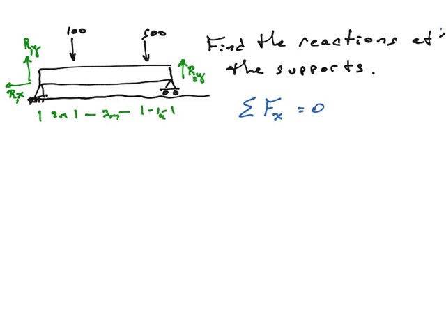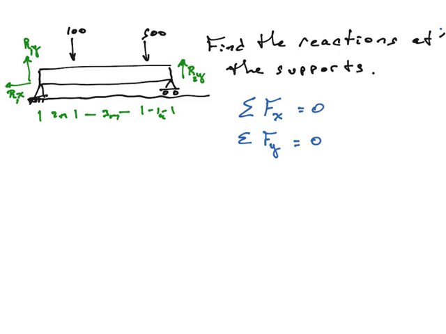Because if it's not equal to 0, then this piece of wood is moving left and right. But if my system's in equilibrium, my wood cannot be moving left and right, thus all of the x forces better be equal to 0. Also, the same way, all the forces in the y direction better be equal to 0 as well.